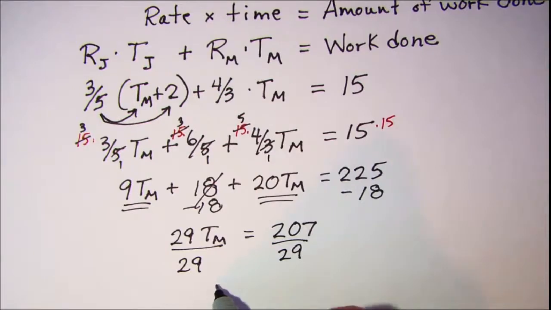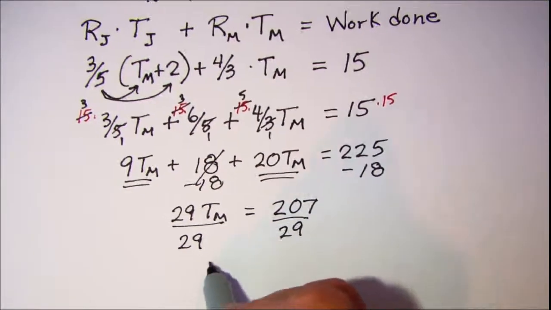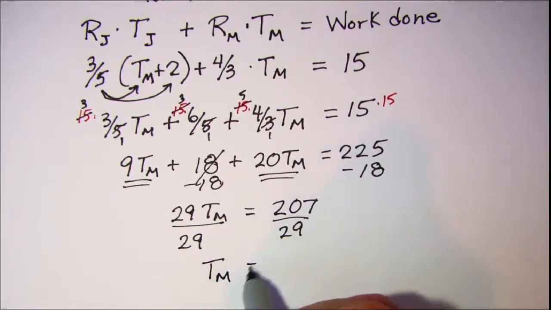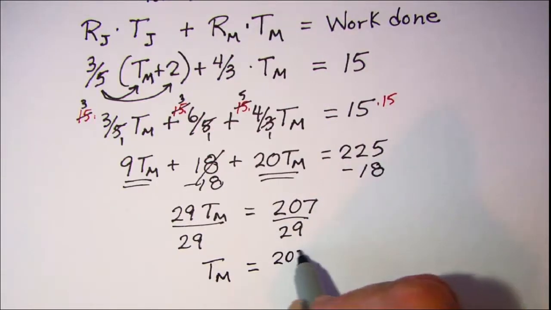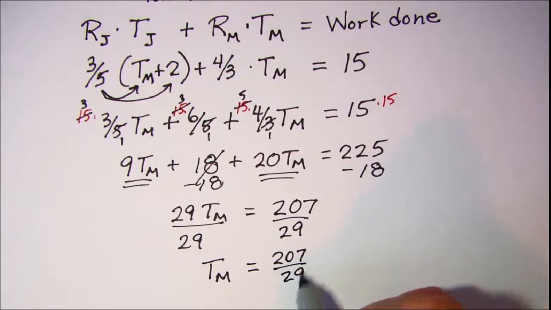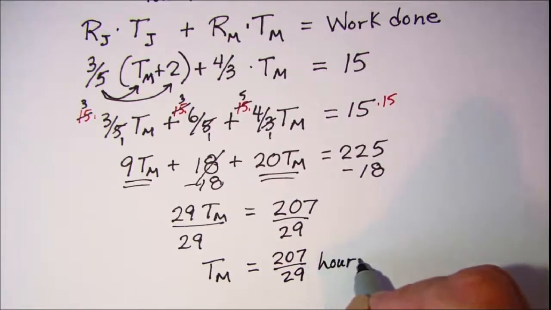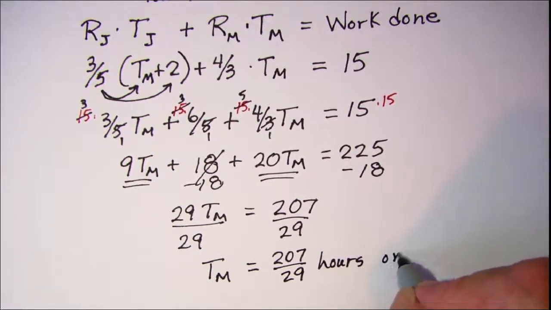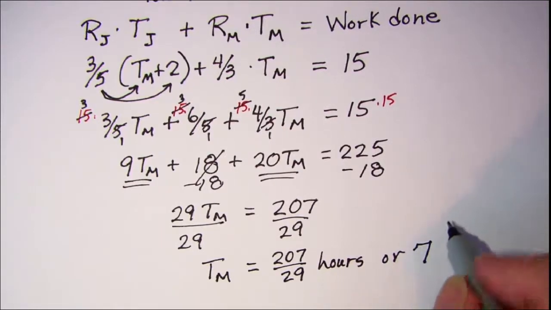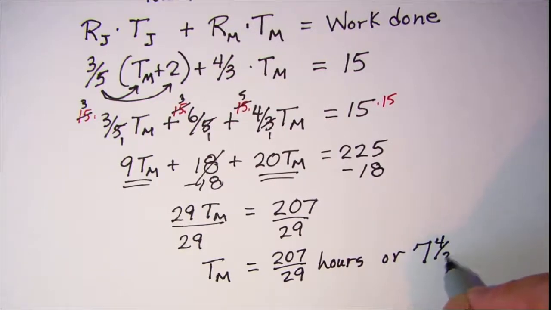And Merle's time then is 207 over 29, and that's in hours. Or 7 hours and 4/29 of an hour.